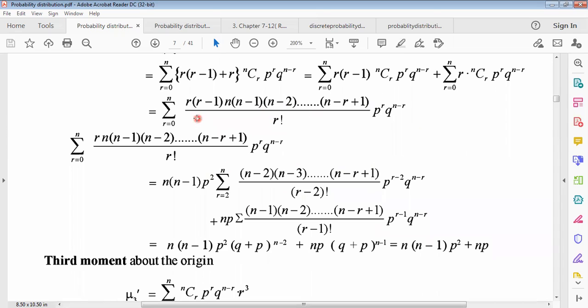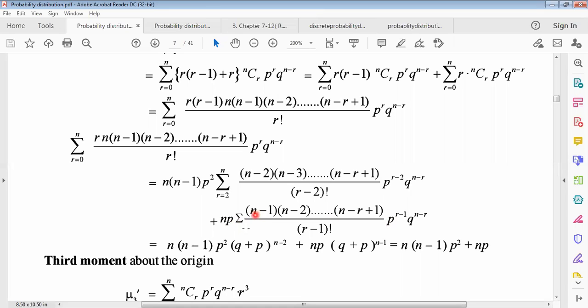Now for the second one, np will be common, n and p will be common. This is the second series. There will be plus, there was a typo mistake before. Here r factorial can be written as r into r minus 1 factorial, so r is reduced, and np will be common, so p becomes p to the power r minus 1 because p is common here.